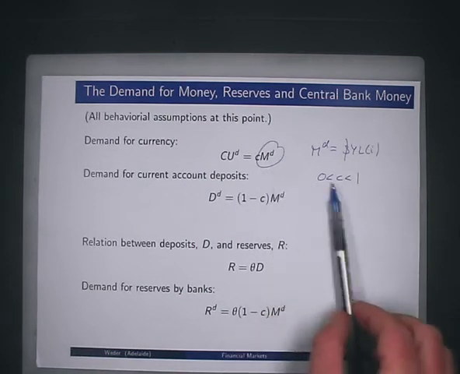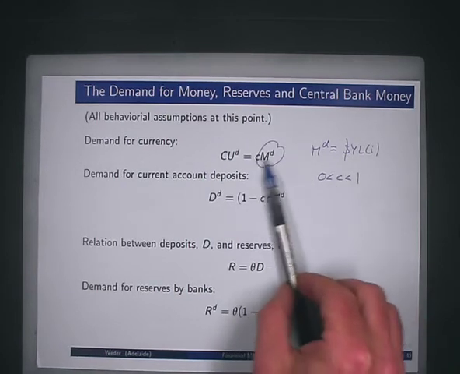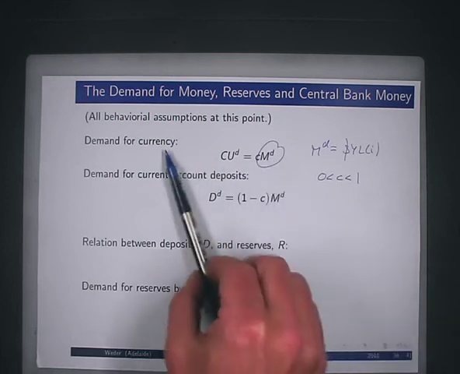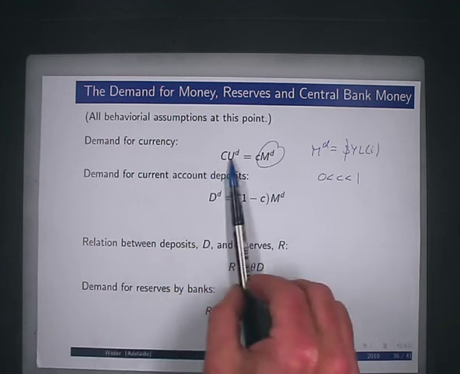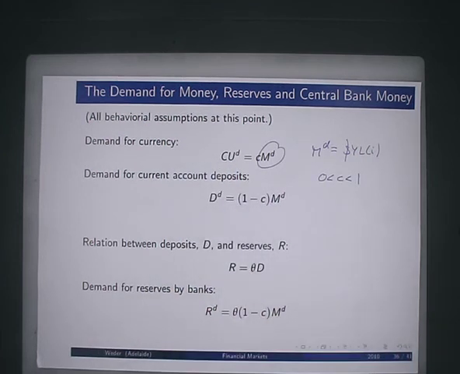So if, say, c is a half, then half of the overall money demand is held in the form of currency, and the other half in the form of current account deposits.